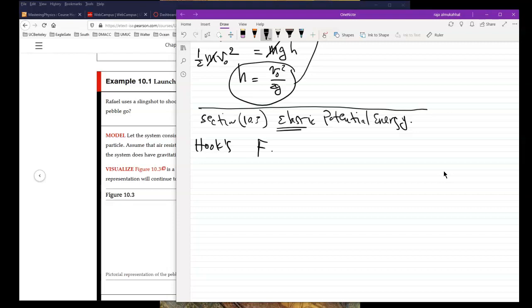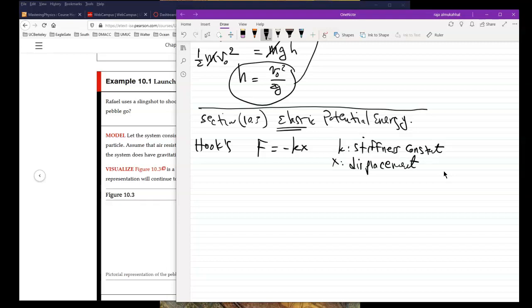Hooke's law for the spring says F equals minus kx. Remember that? The k here is the stiffness constant. And of course, x here is the displacement, or if you will, the stretch, or the compression.